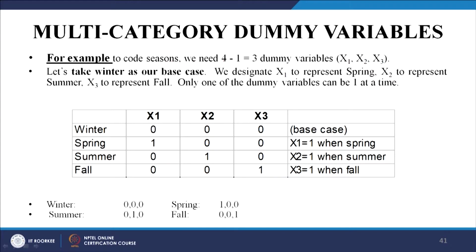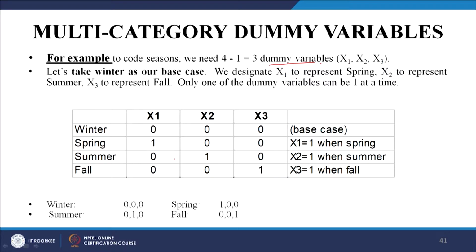To code seasons, how many dummy variables do we need? How many seasons are there in a year? 4. So, 4 minus 1, 3 dummy variables you require: x1, x2, x3. So, let us say winter is 0 0 0, it is not any of these, so this is the base case. Spring, let us say x1 is 1 and the others are 0.